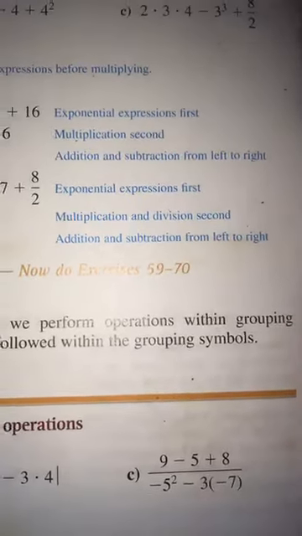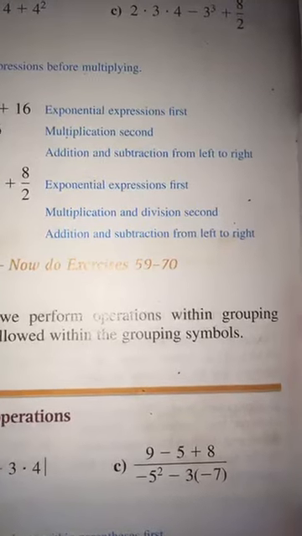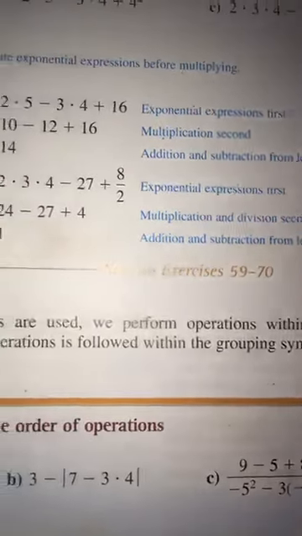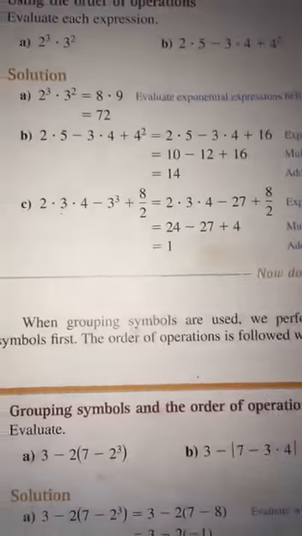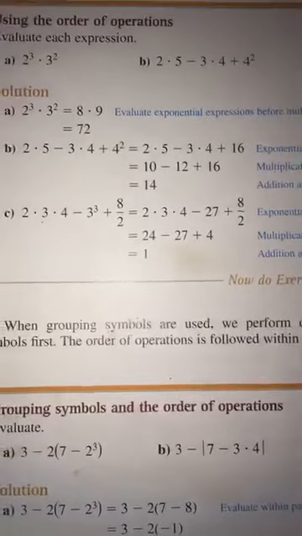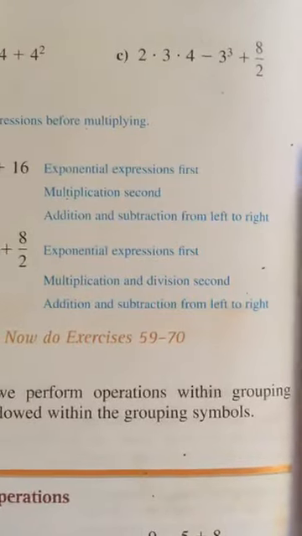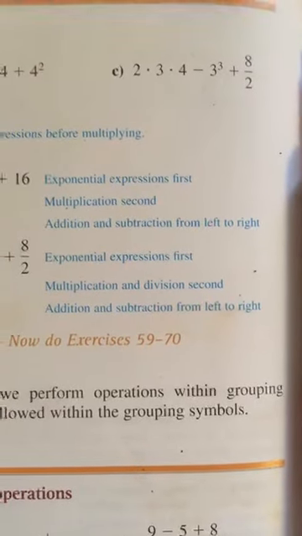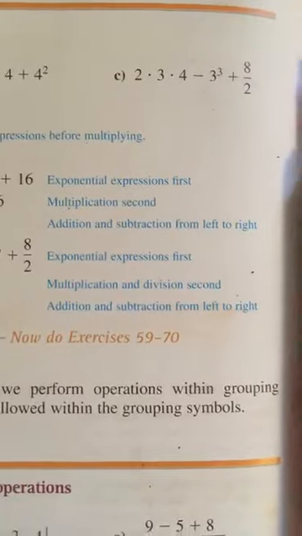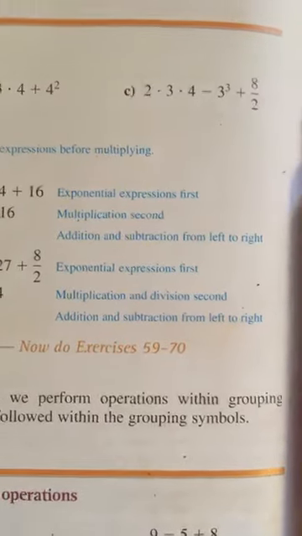Multiplication, addition and subtraction from left to right. If you have an exponent or division in the problem, I changed mine a little bit. Okay, so make sure you erase, it's not 13 on the first problem. It is 19 because I missed the negative.